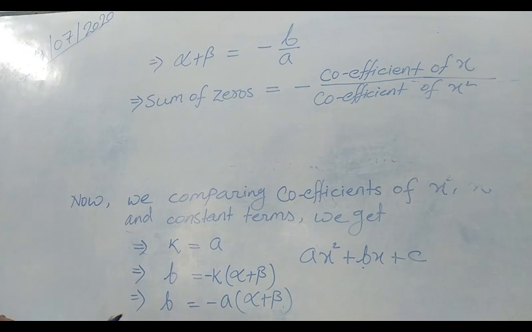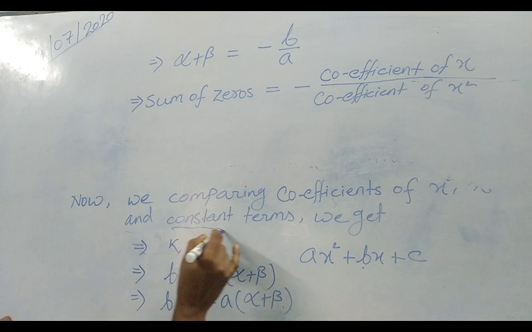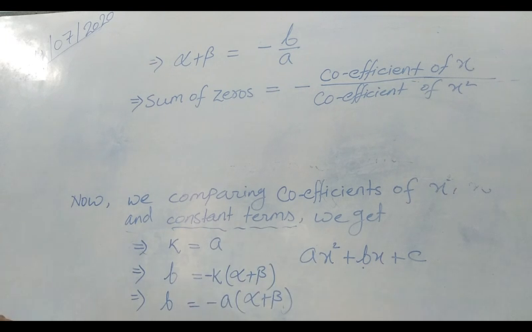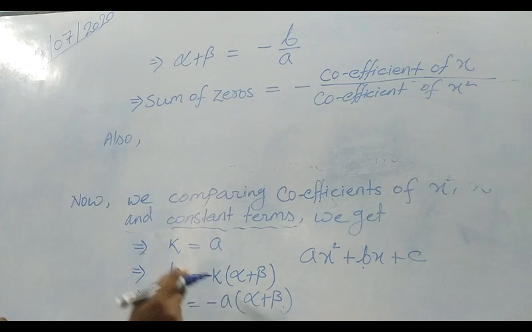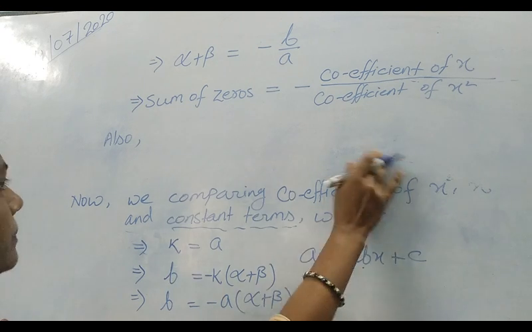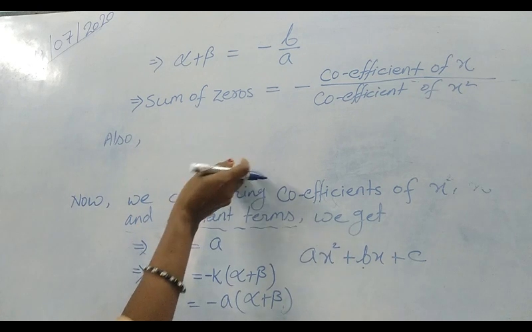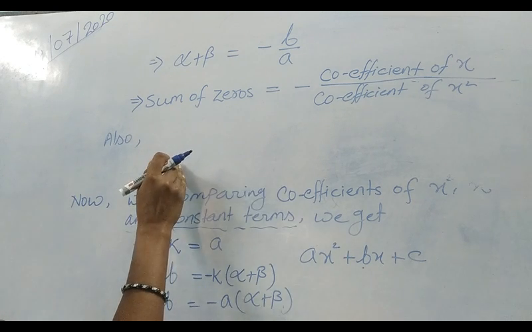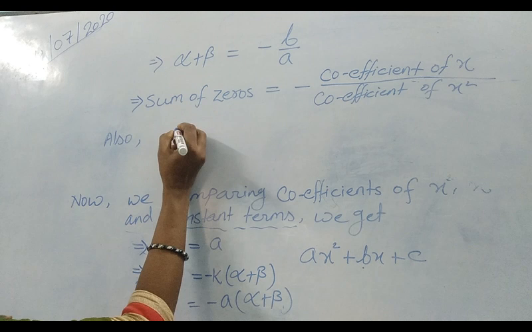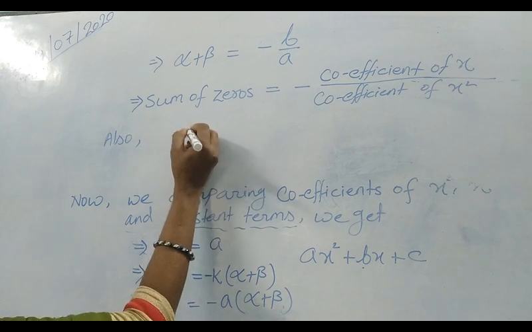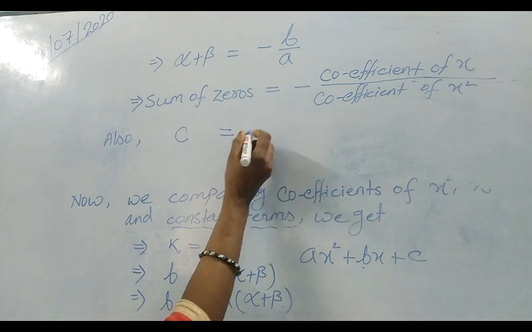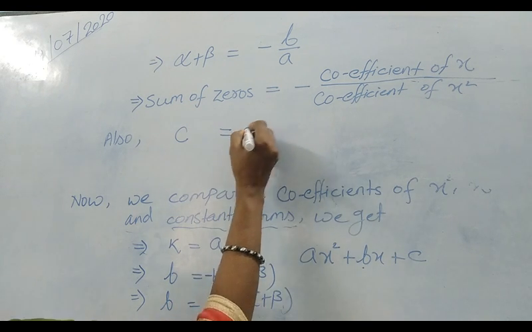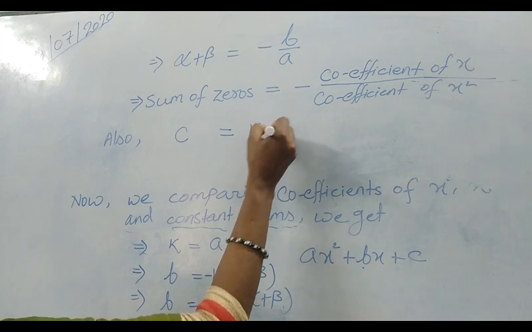Now we are going to compare the constant terms. So also when we comparing the constant term, then you can find the previous expressions that the constant term in the LHS is c and in the RHS that term was k alpha beta.